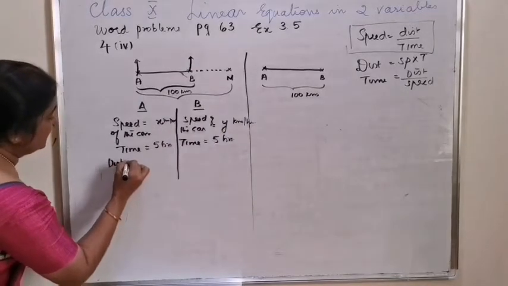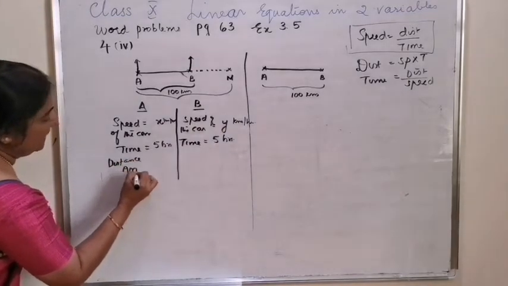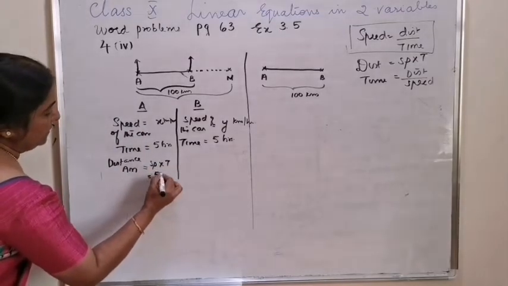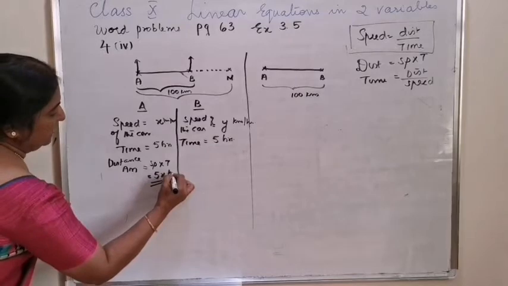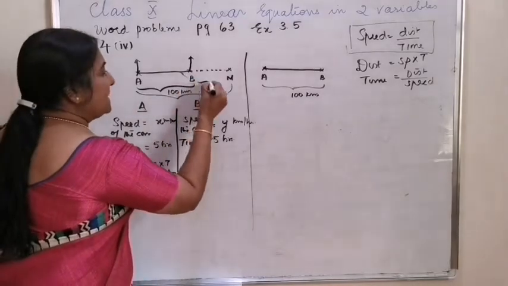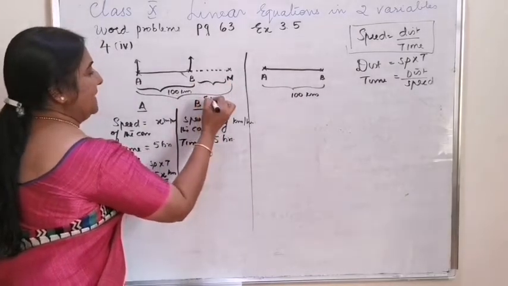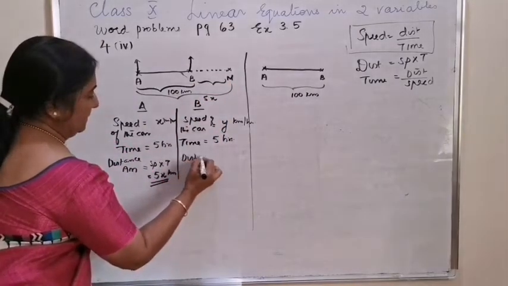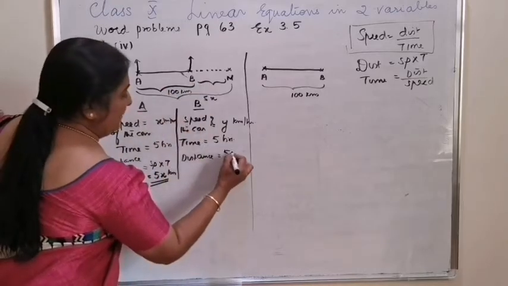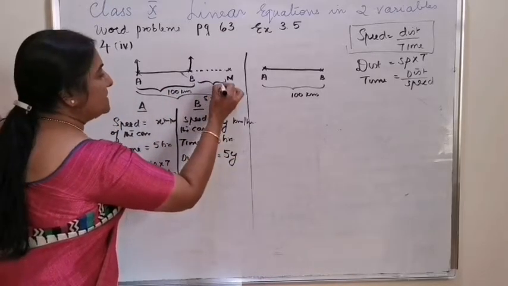The distance AM is equal to speed into time, which is equal to 5x kilometer. Similarly, the distance traveled by the car from B is 5 into y, the distance BM.